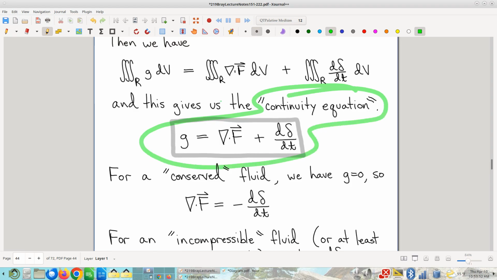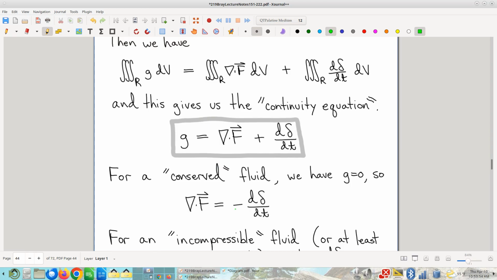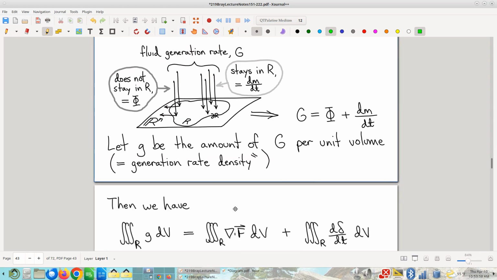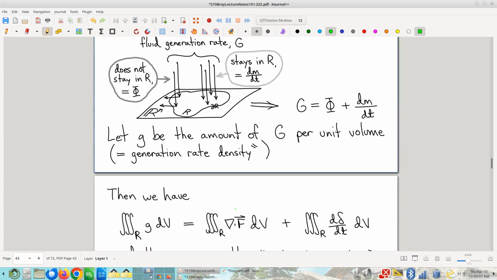Yeah? Oh, did you say one more time? Yeah, so G represents the total rate that we're creating stuff, whatever the stuff is, right? Photons, whatever. Maybe we're looking at historic trends in the migration of pythons through Florida, right? Well, there's two things to think about there.